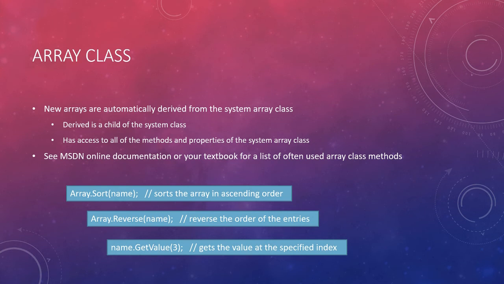Another method that's available to us, we can call it by naming our array and then using a dot to call the method. We can use the GetValue method, and GetValue will return whatever value it finds in index position 3. So just a different syntax for us to access the values from the array.